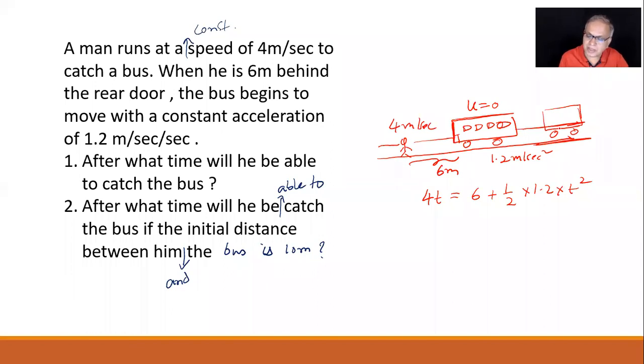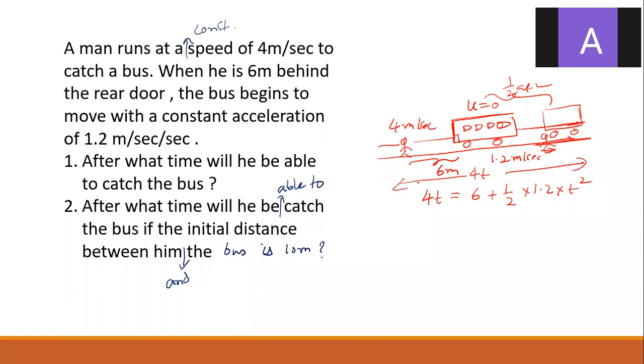From here to there, the person has come to catch the bus. So how much distance did he travel? 4 into t. But the bus traveled half at square only, because it is starting from rest. So 6 plus half at square should be equal to 4t. This whole distance is 4t, children.